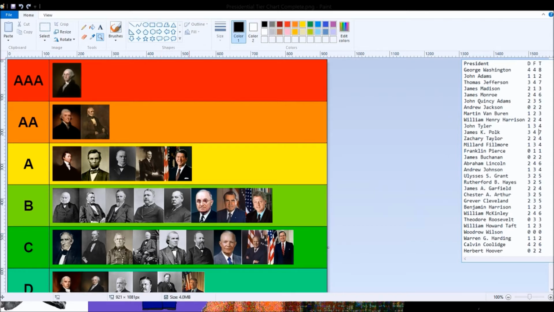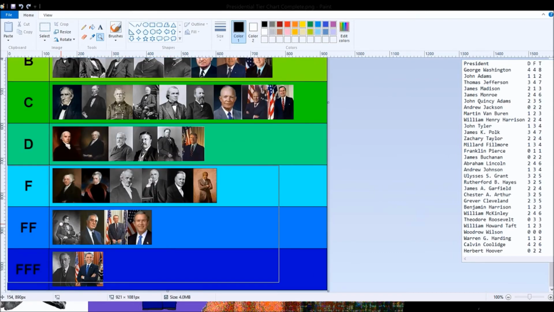Anyway, the next president, Franklin Pierce, gets a double F rating. Why?